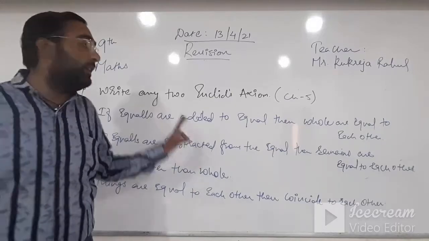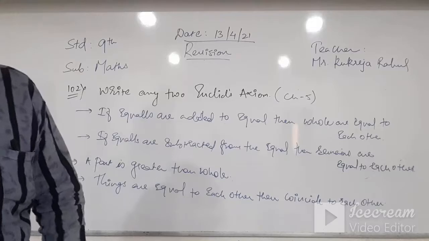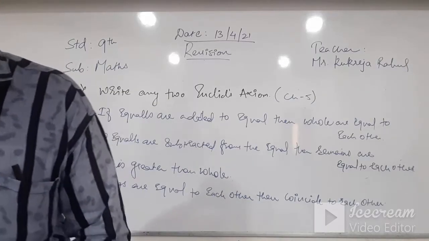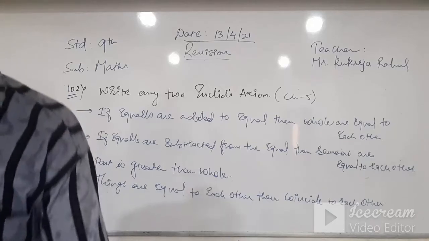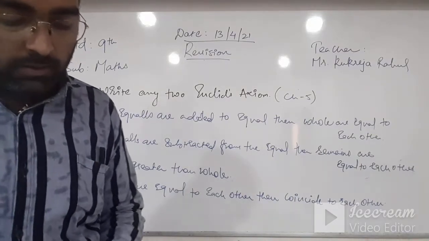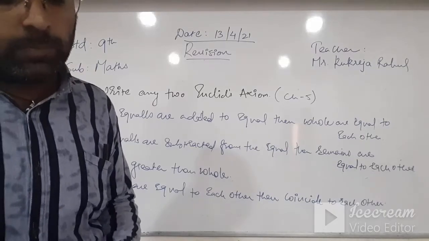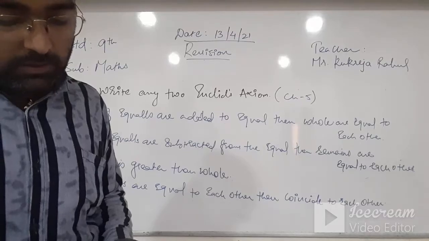So you have to write any 2 Euclid's axioms from the 8. Clear? And the rest of the questions are known to you.